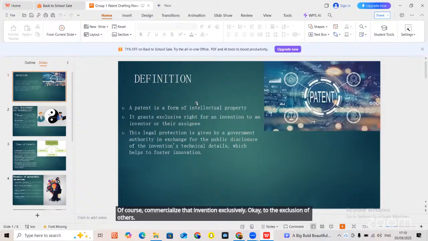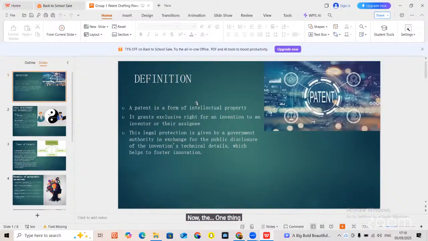Now, the one thing I was able to understand about patents is that it's kind of like an exchange. When someone signs up for patent, that person is giving the government knowledge on that invention, the knowledge behind that invention, in exchange for exclusive ownership.